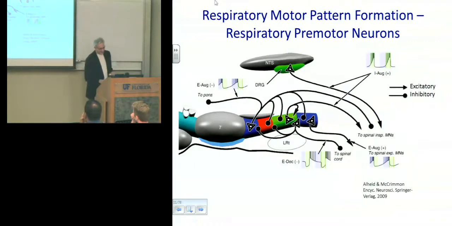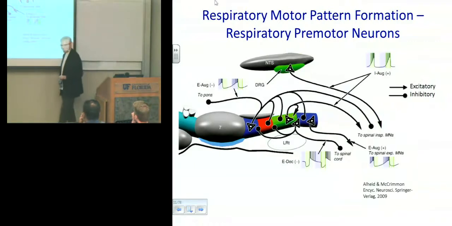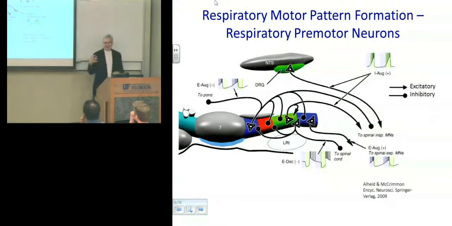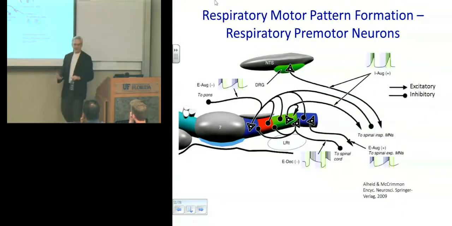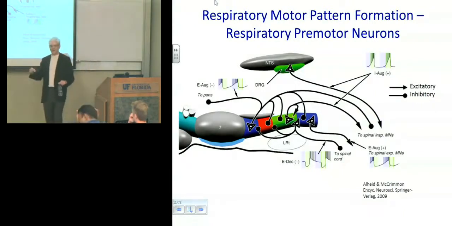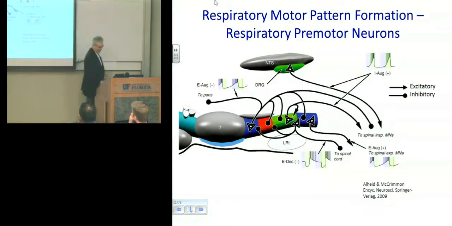All right. Speaking of premotor neurons, here we have a depiction of the elements that we know are certainly involved, and we ascribe to pattern formation or pattern generation as opposed to rhythm generation. This funny looking triangular thing is supposed to be an expiratory premotor neuron.